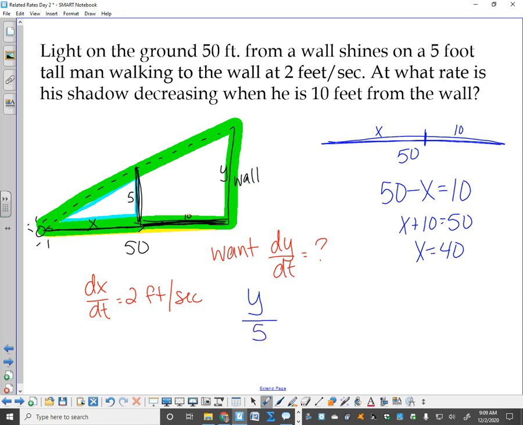So big backbone is to little backbone as, all right, now let's do big bottom. 50 is to little bottom, x. So backbone of the big triangle to backbone of the little triangle equals bottom of the big triangle over bottom of the little triangle. So it's a proportion, it's a ratio.